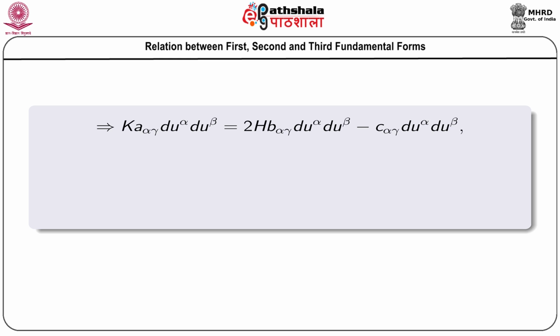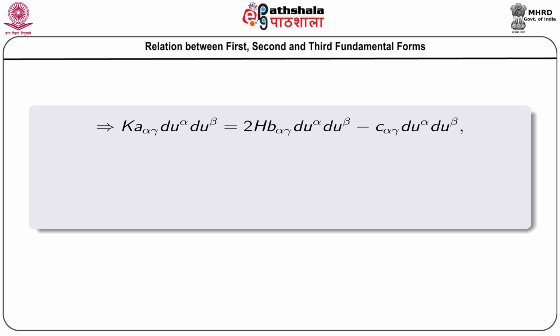That means we have obtained the three forms. a alpha gamma du alpha du gamma is the first fundamental form, b alpha gamma du alpha du gamma gives the second fundamental form, and c alpha gamma du alpha du gamma gives the third fundamental form.